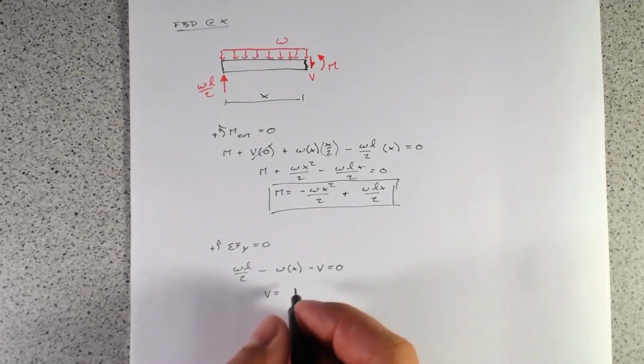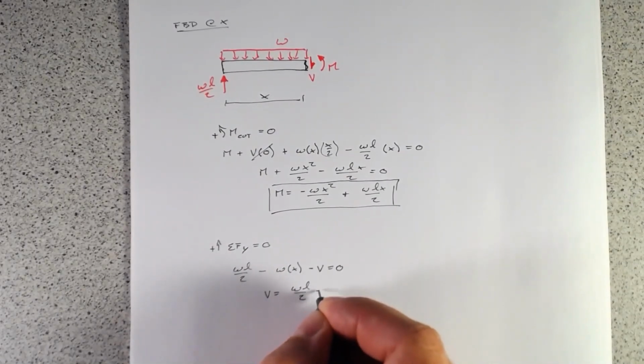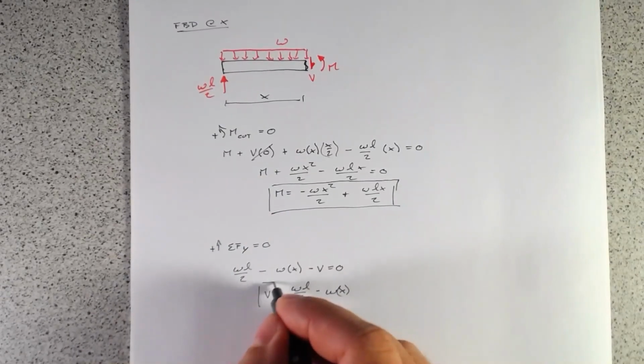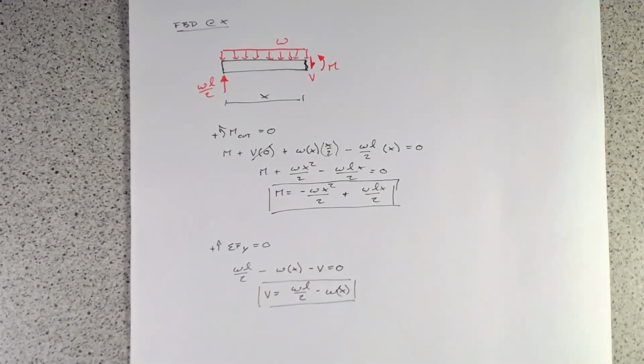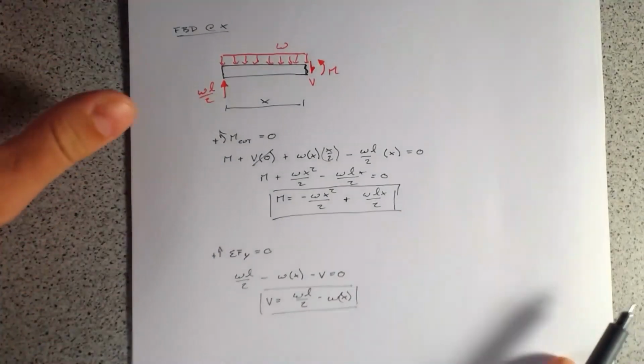Rearranging that, I get V equals WL over 2 minus W times x. And that's it simply there. We now have both equations that we need in order to plot the shear and bending moment diagrams.